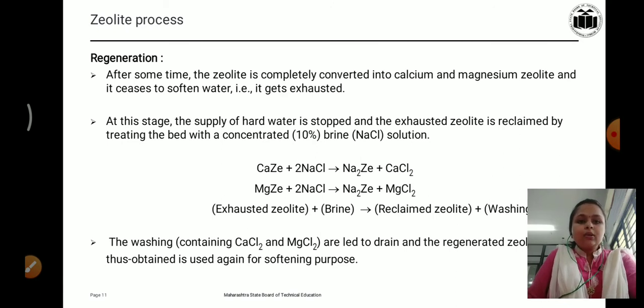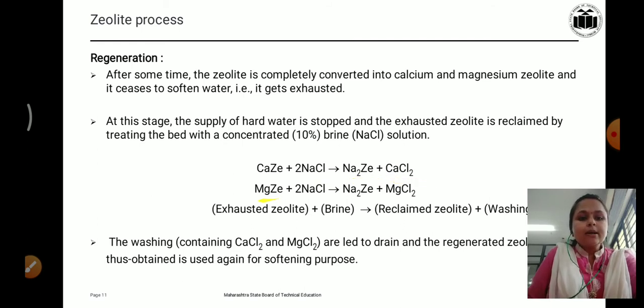When all the zeolite is used up by these impurities, then the zeolite bed is exhausted. To regenerate this zeolite bed, we add a 10% brine solution, meaning NaCl solution, inside it. So, in the regeneration process, what happens? The CaZe and MgZe formed in the zeolite bed react with two molecules of sodium chloride and form sodium zeolite and CaCl2.